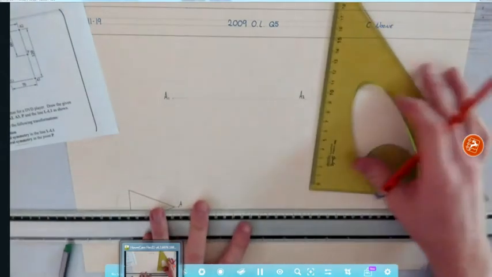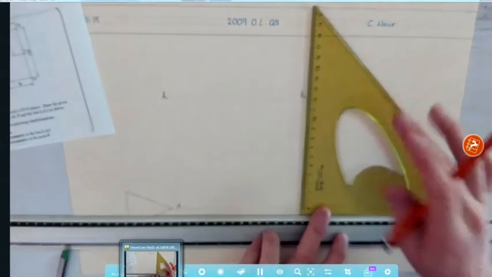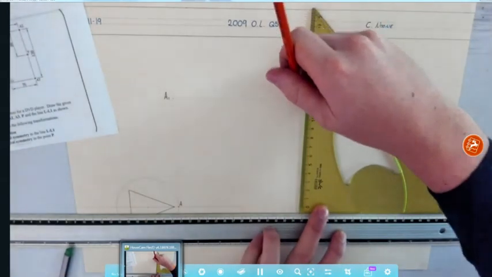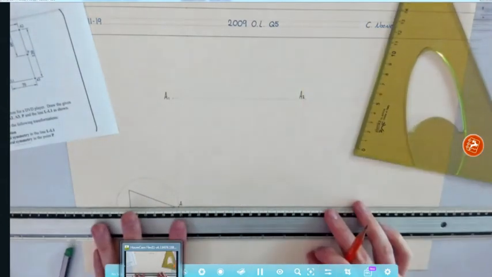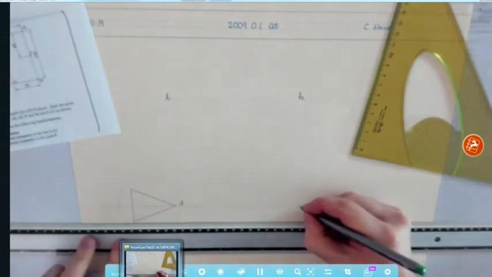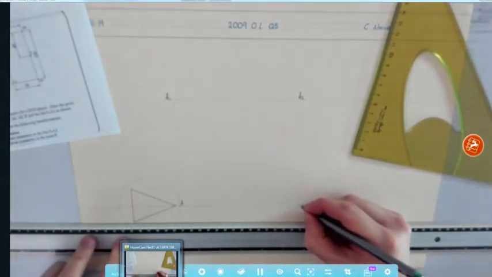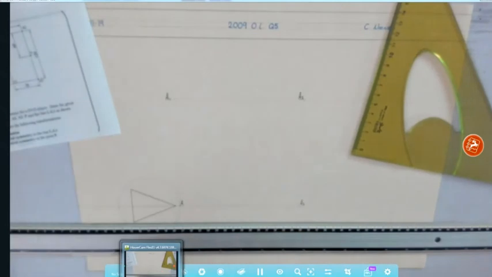So what we can do here is send this line down, construction line, and send this line across, construction line, and where they meet then is going to be A3.